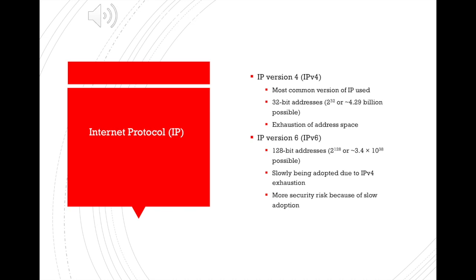The fact that not many people are comfortable with IPv6 does create a security risk, because people don't know how it works and don't know how to use it. So IPv4 is pretty much the standard that we're all still using, but IPv6 is available, and it has been around for quite a few years now.